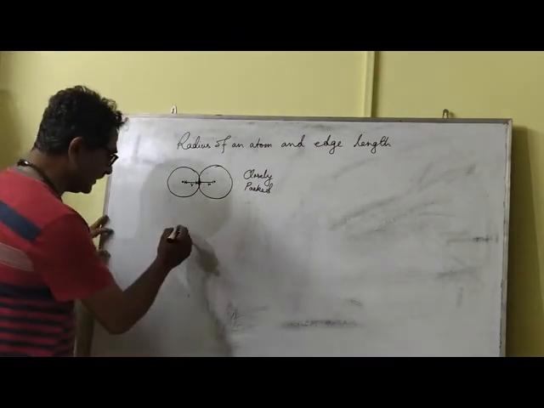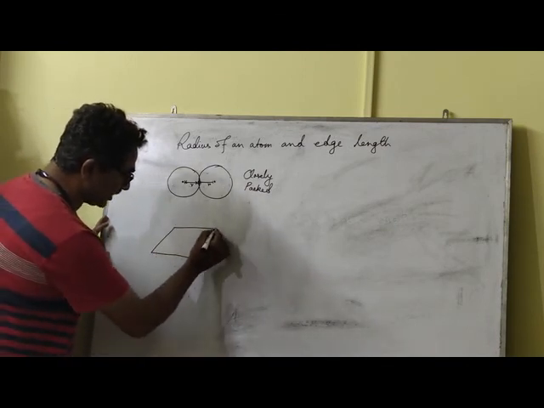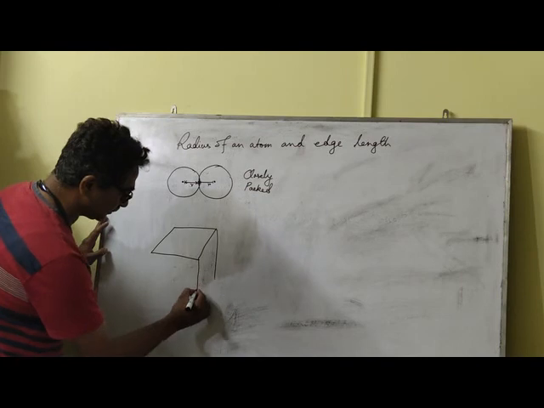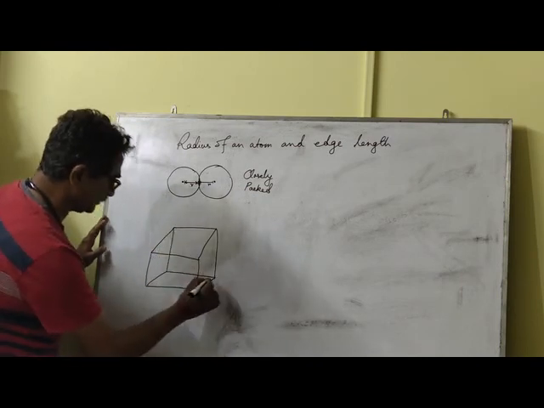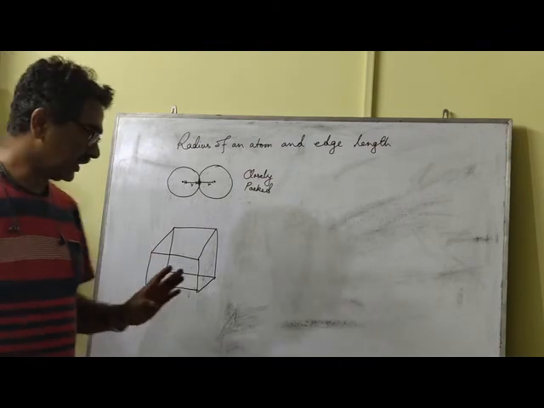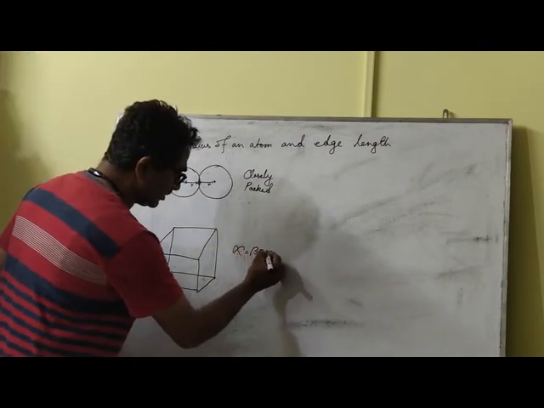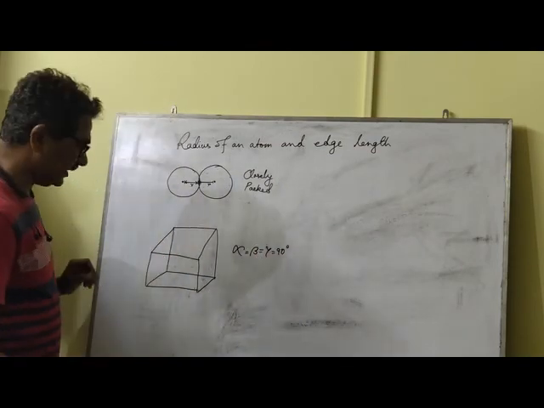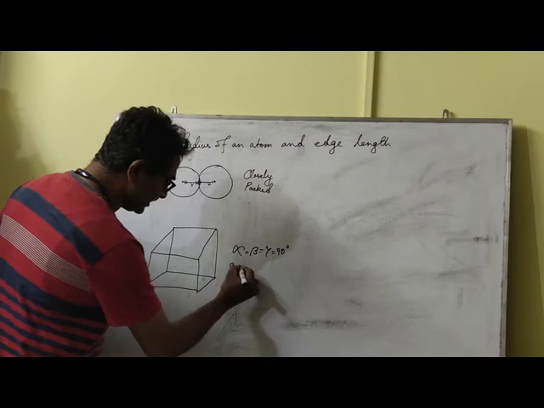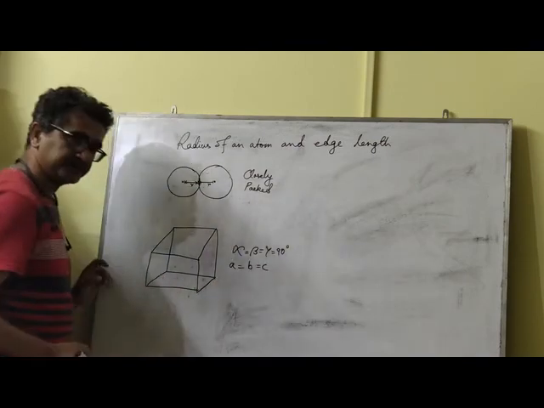In a cubic unit cell, I believe you remember, the length, breadth and height are all equal, and even the angles: alpha equal to beta equal to gamma is 90 degrees. Similarly, the distances a, b and c are all equal.